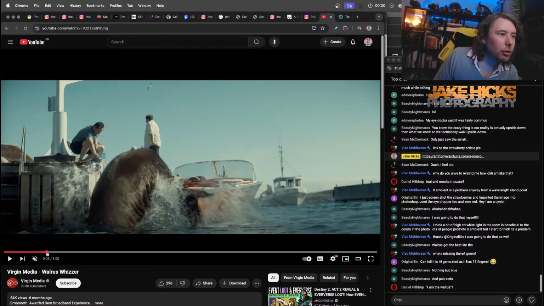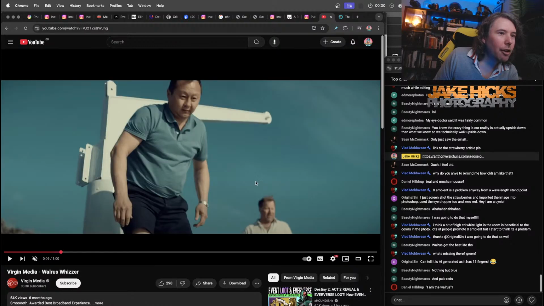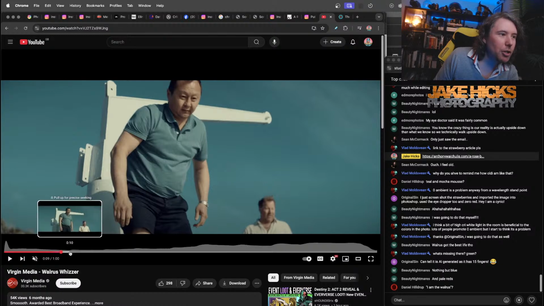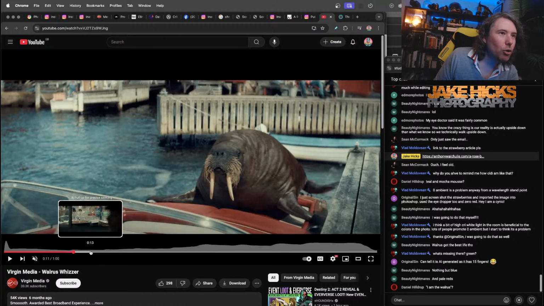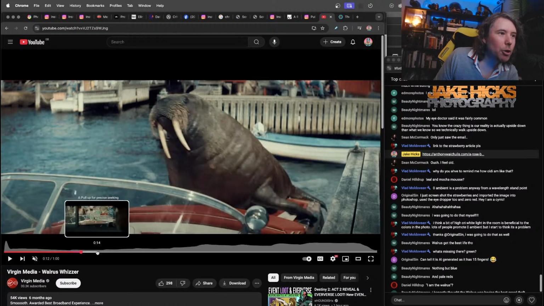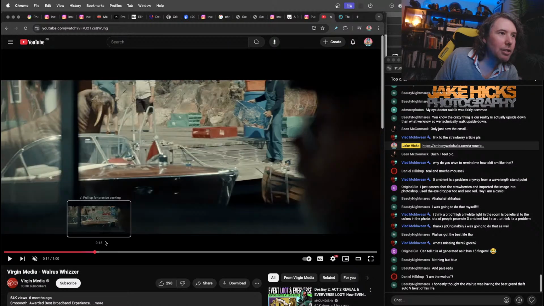Everybody's wearing blue, right? Everybody's got blue shirts on, blue clothes on. His white shirt here is blue because of how much it's been neutralized. And look at the reds here. Look at how much blue has been stripped out of these reds. This is a very heavy blue grade that is put on this. More blue here.